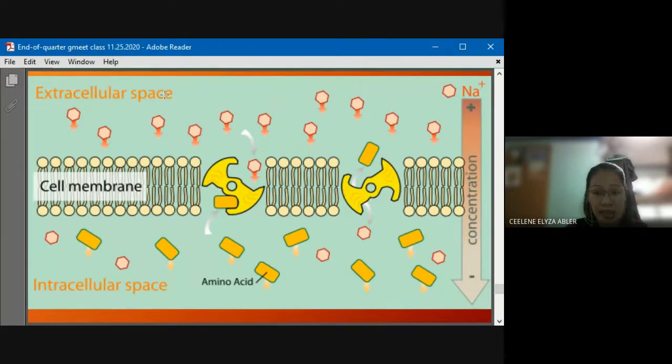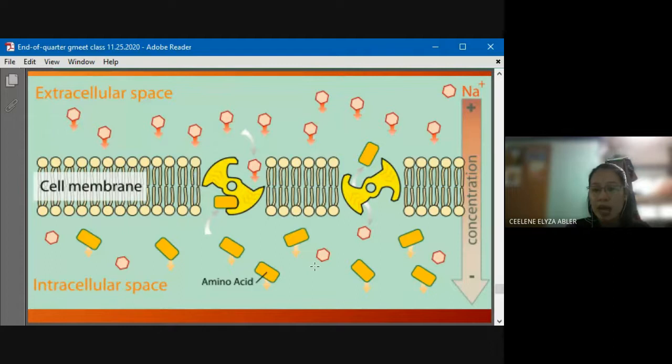Halimbawa, kumain ka ng noodles, instant noodles, very salty yun siya na ulam. Or kumain ka ng very salty na ulam. So, ano mangyayari sa cells mo? So, ang mangyayari is that you're introducing a high concentration of salt, compared to the salt inside your cell.